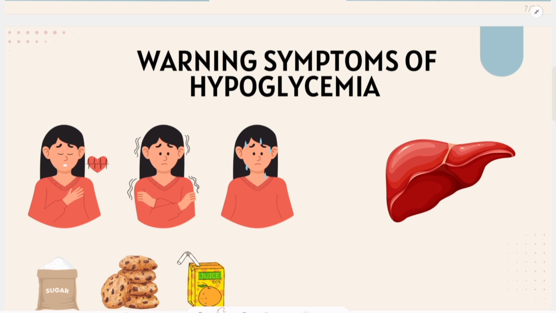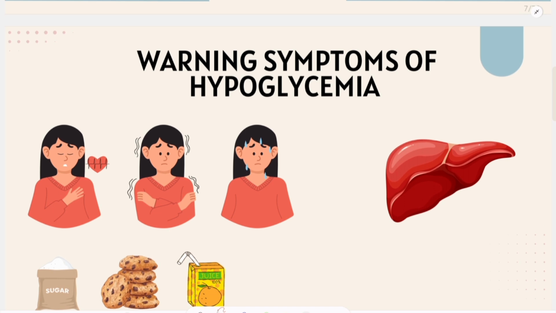Obviously, hypoglycemia is more dangerous. Hyperglycemia means diabetes. You must have seen many diabetic patients who have uncontrolled blood sugar and do not develop problems for many years. But hypoglycemia, if it is persistent for just 1 minute, the person will go into a coma.